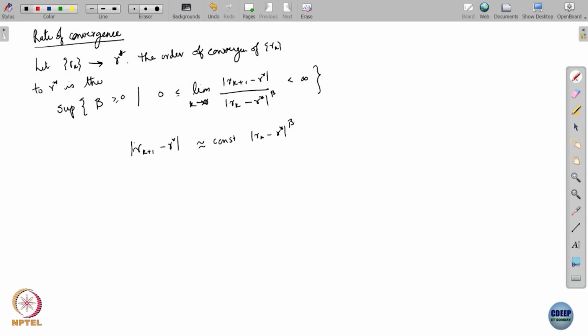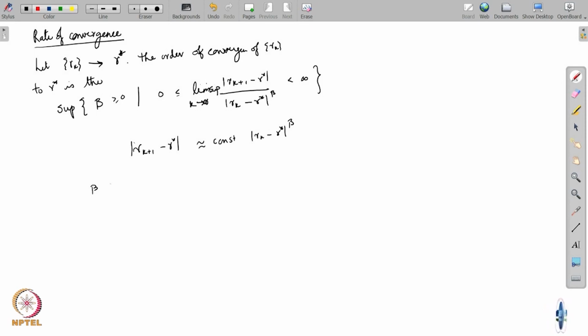So, for large enough k, your iterates behave in this kind of way. And to be precise here, I should be taking the lim sup.